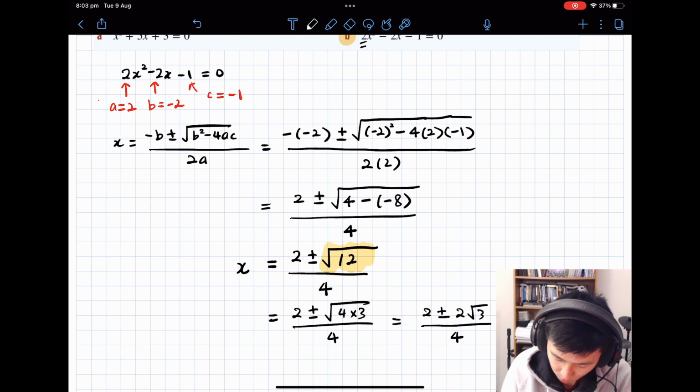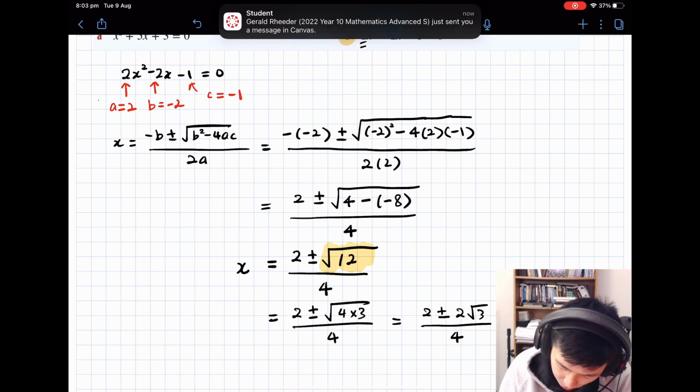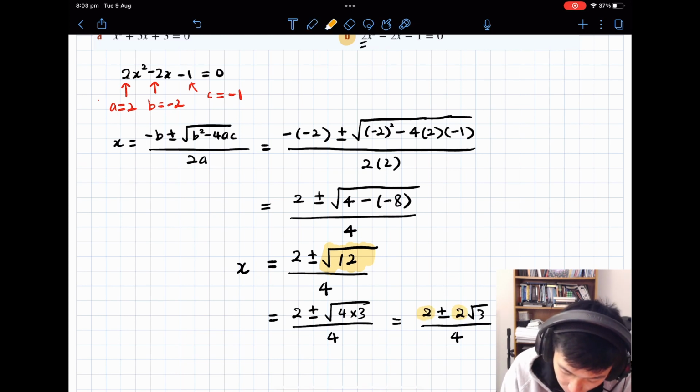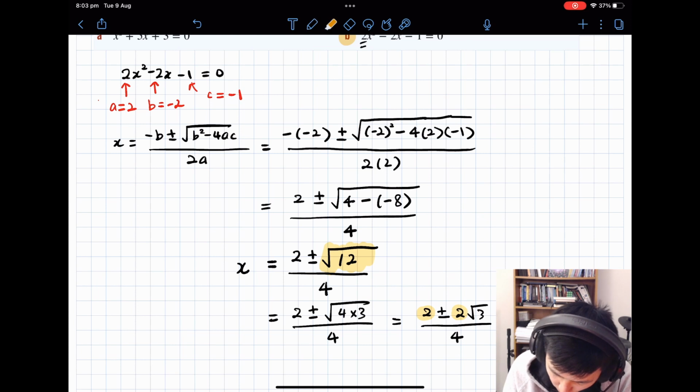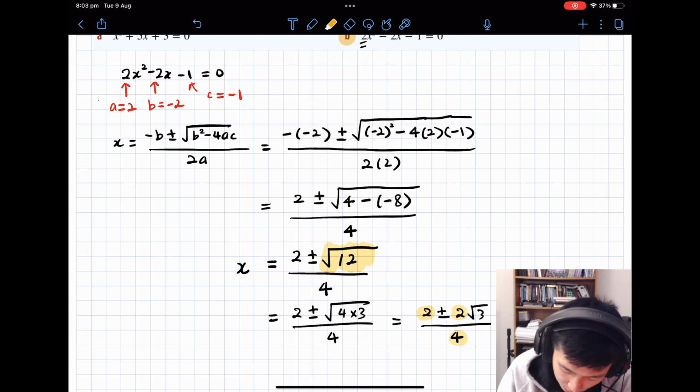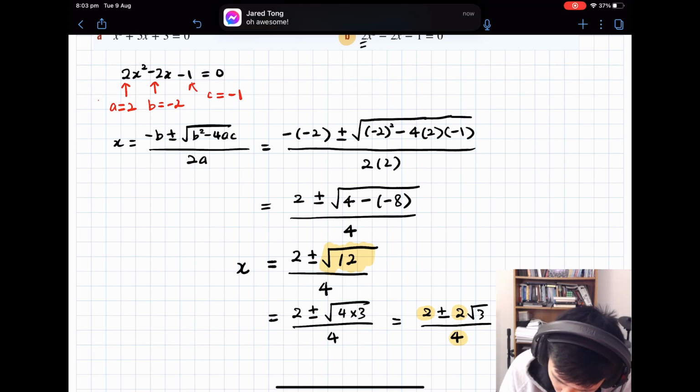And so I can simplify that a bit further, because I now see that this number here and this number here, and also the denominator, all have a common factor of 2. So I can divide everything by 2, so I've got 1 plus minus root 3 over 2.